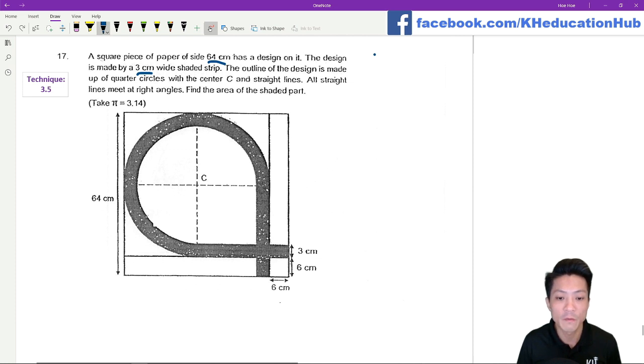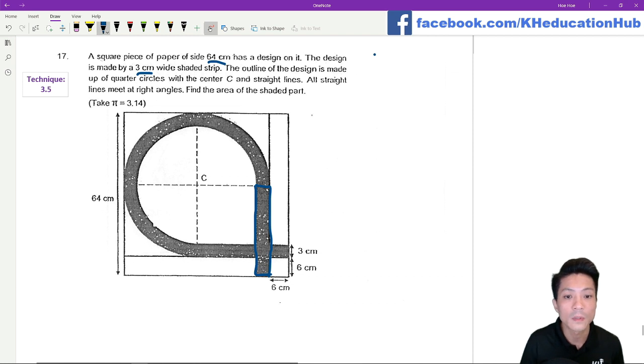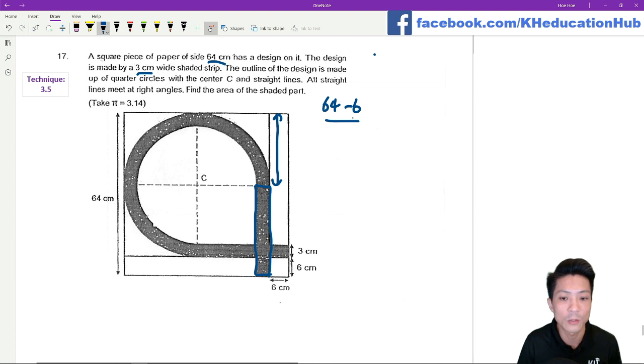The first thing we're going to find is the area of this part over here. I need to find the length of this part here first. That would be 64 minus 6, divided by 2.